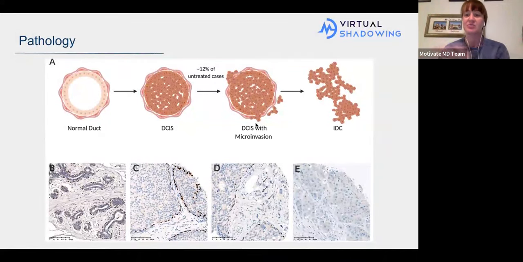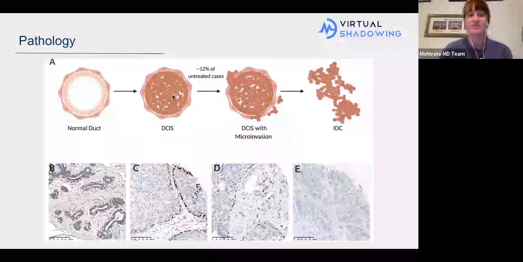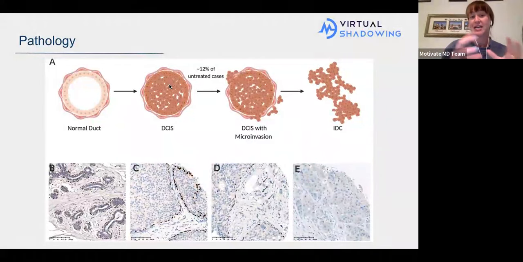And so we can see this progression. This is the DCIS I was talking about earlier. Like I said, it's still contained to the duct. It hasn't broken out yet, and this is what can cause those skip lesion calcifications that I showed on the previous picture.